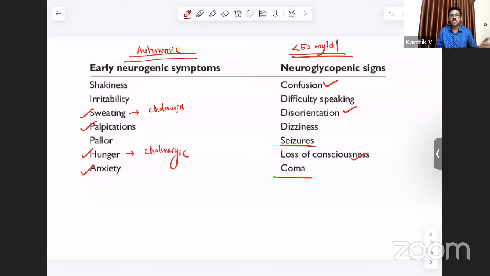But there are certain situations where the autonomic symptoms are absent and the patient would straight away present with neuroglycopenic symptoms. We call this hypoglycemia unawareness.